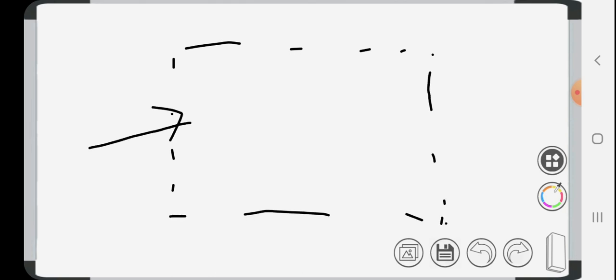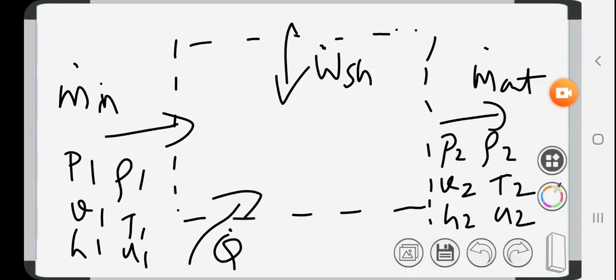Q dot plus... suppose you have, I'm drawing a control volume, mass inflow, mass outflow, m dot in. Suppose this is our control volume.